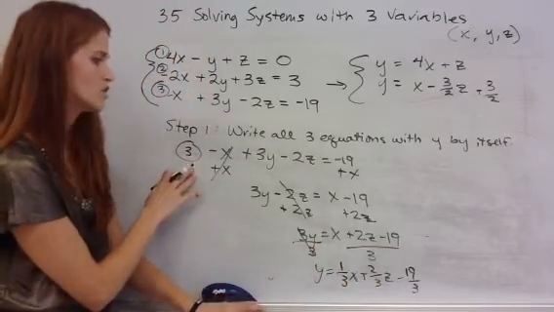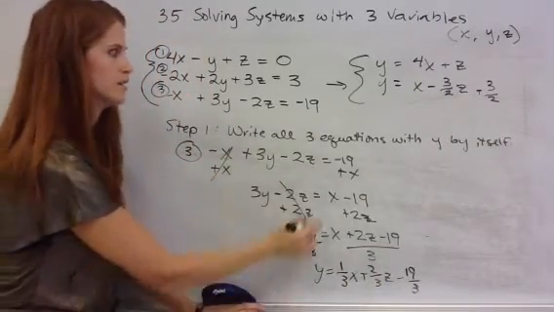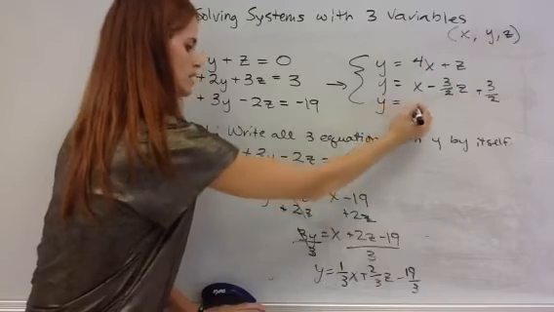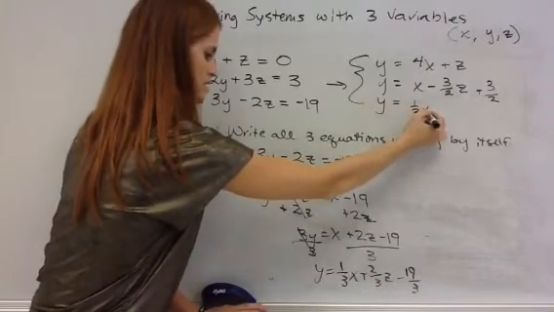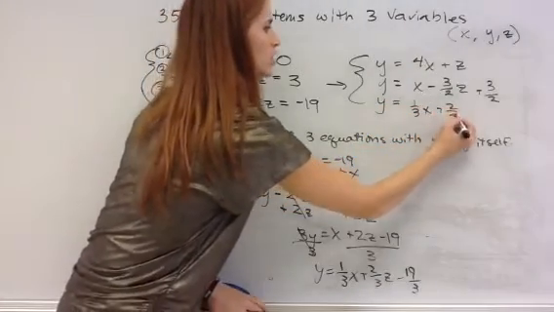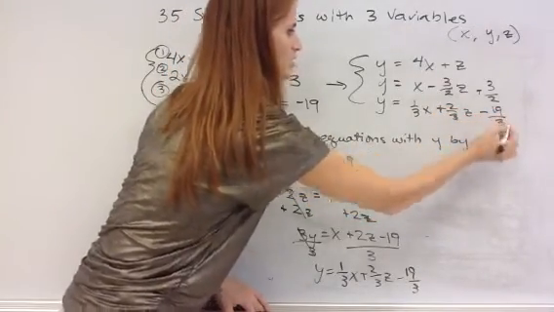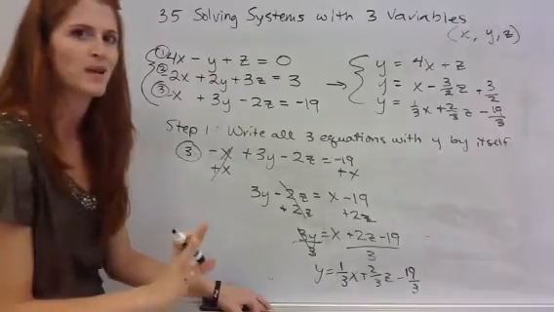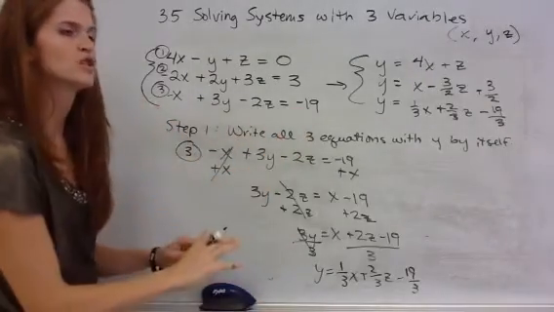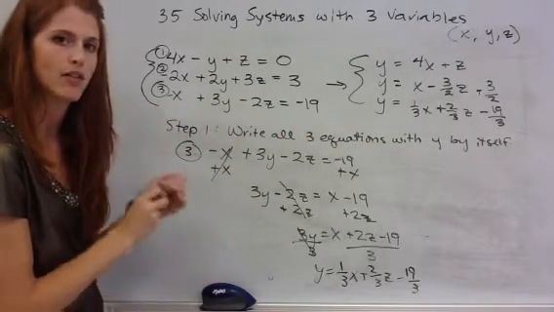So I've taken equation 3, I've solved it for y. So now I have y equaling 1/3 x plus 2/3 z minus 19/3. So now we're done with step 1. I've got all three equations written with y by itself.